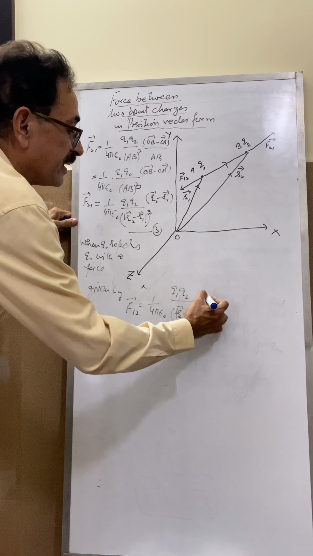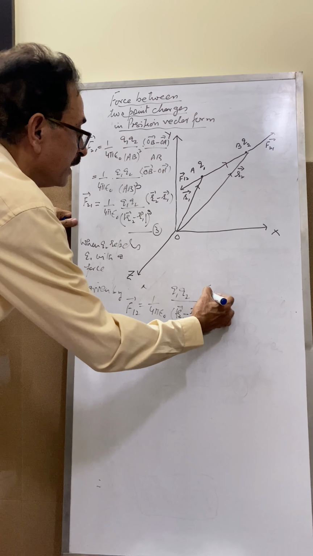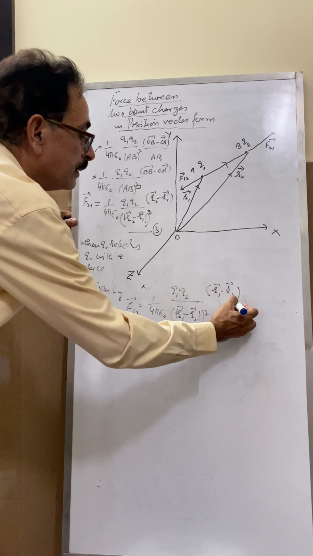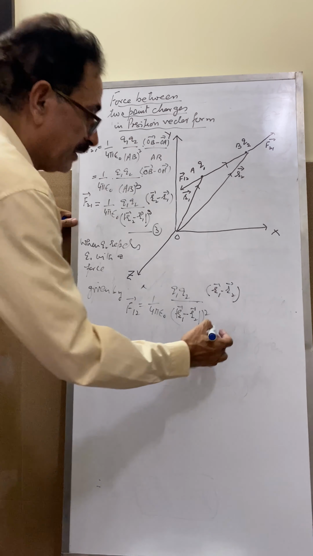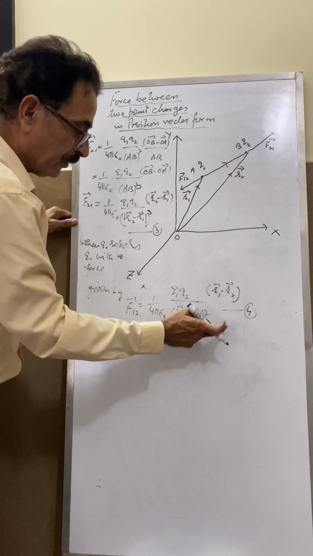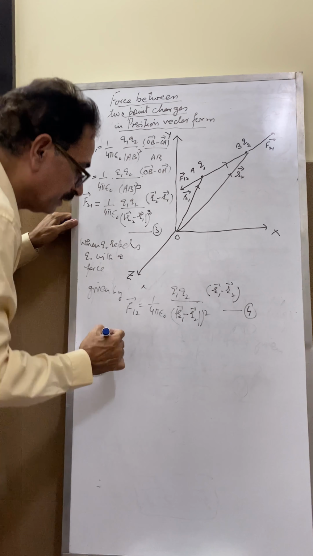By the same process as we did above, we do it here also. It is R1 minus R2. This is equation 4th.